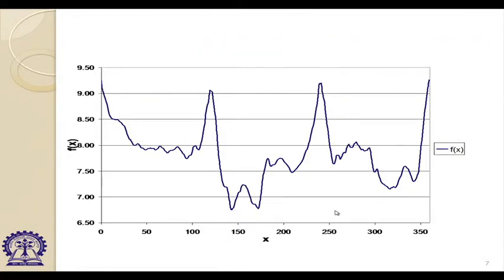Now, look at this function. If I ask you whether the function is convex or concave, can you say? Not really, because the function is very complex in nature. There are several combinations of convex and concave regions, and you know the inflection points, all the points are there. That is why if I consider this range, not really we can say that this is either a convex function or a concave function.